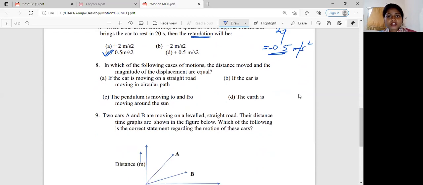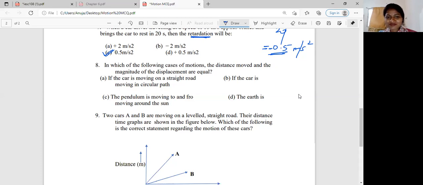Next one: in which of the following cases of motion are the distance moved and the magnitude of the displacement equal? Distance and displacement can be the same if the car is moving on a straight road, or if the car is moving in a circular path, the pendulum is moving to and fro, or the earth is moving around the sun.